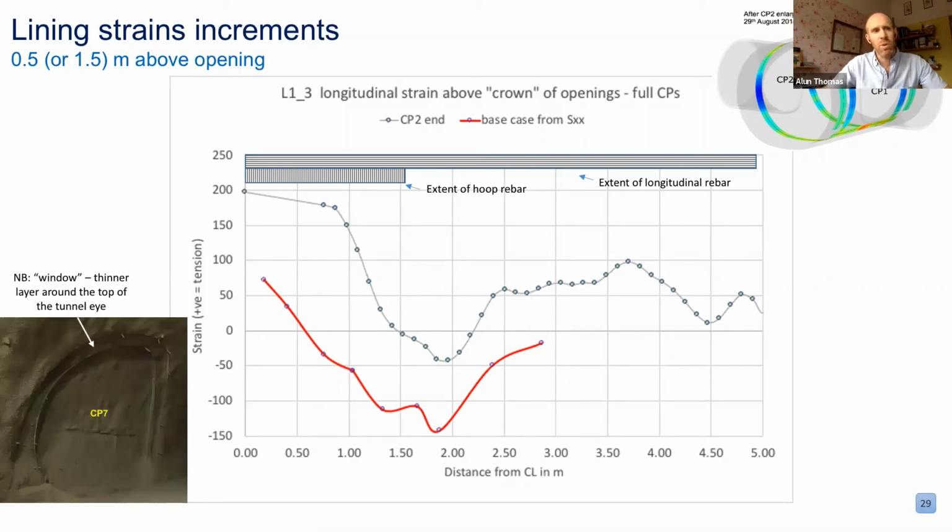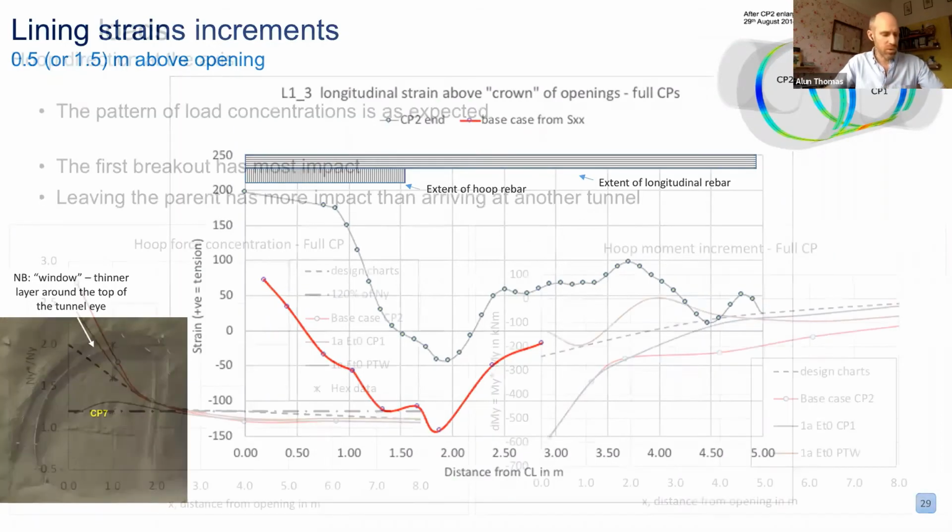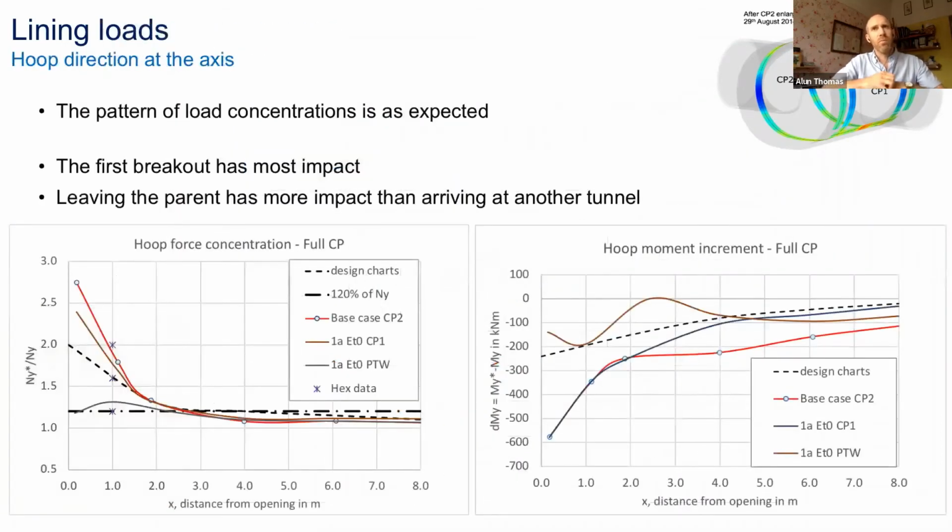For example, there was a window, so the lining is slightly thinner in certain locations, and that intersects with the morphing point. So that's an area we'll continue to look at to try and understand how to model it better, or why there are differences between those points.